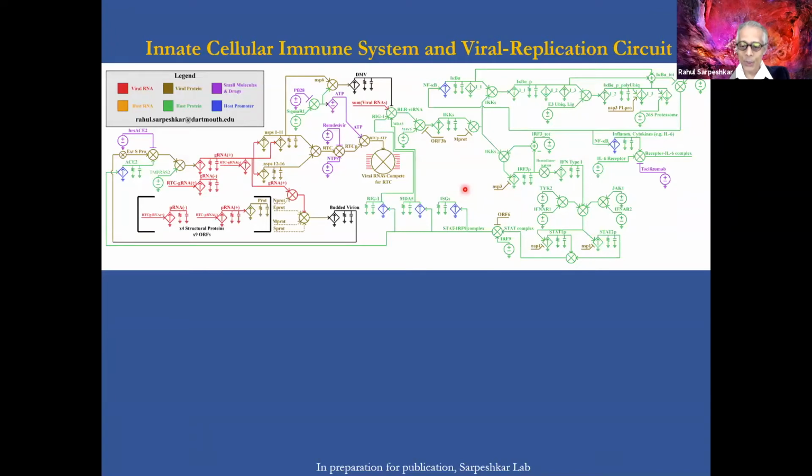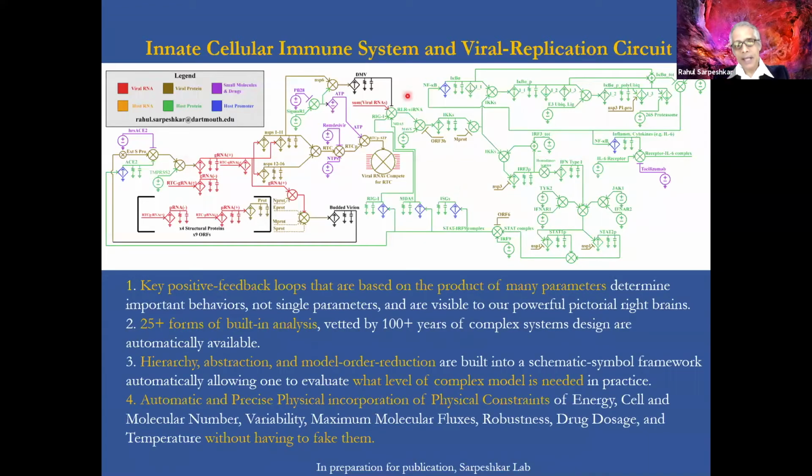Now, if you do that, what are the advantages? There are 4 advantages rather than drawing a graphical hairball mathematical diagram where everything connects to everything and you have no idea what it's doing. Electrical engineers who've designed circuits for almost 100 years know that the things that matter are the feedback loops, which are the products of sometimes many, many parameters.